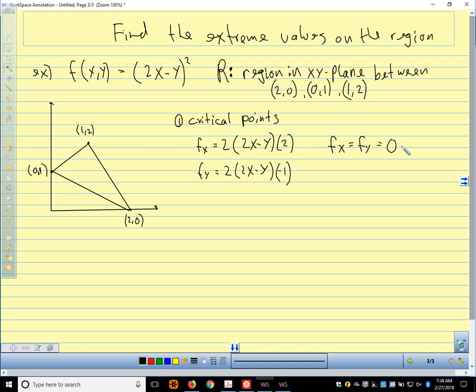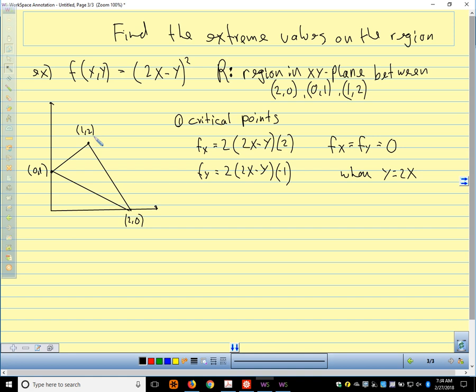Aren't they equal to 0 when y equals 2x? So everywhere on the line y equals 2x, these are both 0 at the same time. So along a line like so, you get your first partials equal to 0.